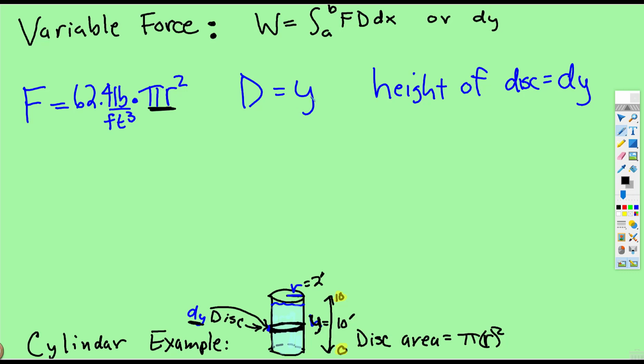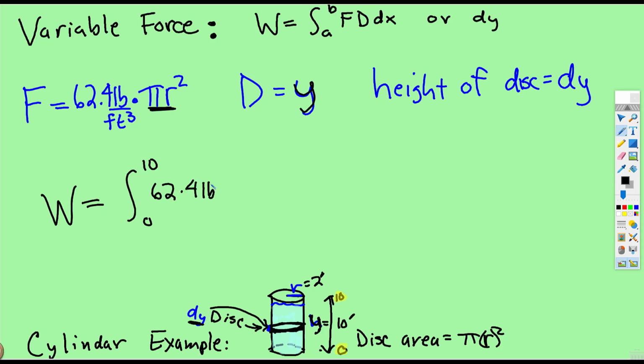And from A to B is simply the y value right here. The y from 0 to 10 feet, that's the y value. And so, given that information, we're going to go from the bottom to the top, so 0 to 10 feet. We're going to do the force.